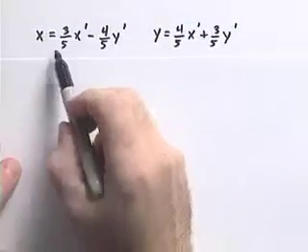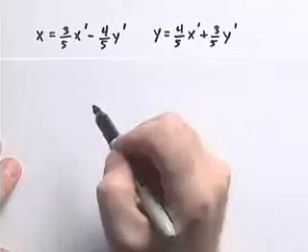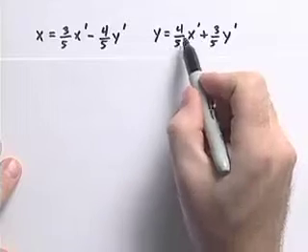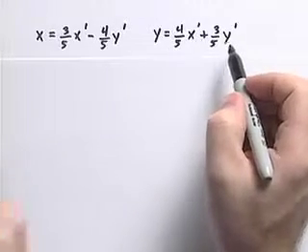Now with these values, we can obtain our rotation formulas. We'll get that x is equal to 3/5 x prime minus 4/5 y prime. Y is equal to 4/5 x prime plus 3/5 y prime.